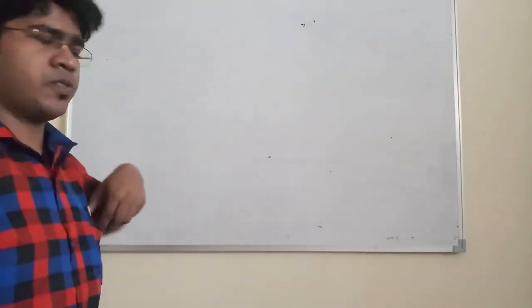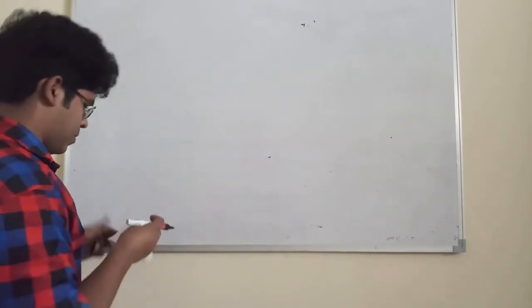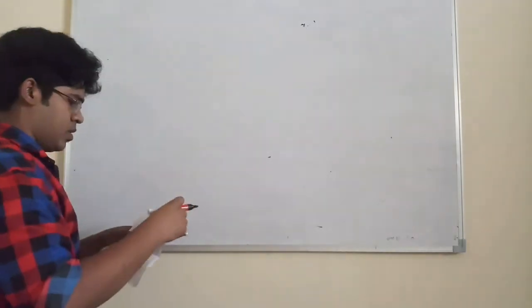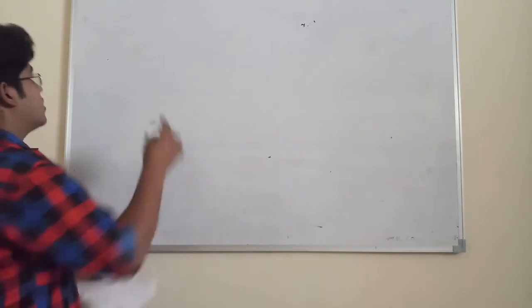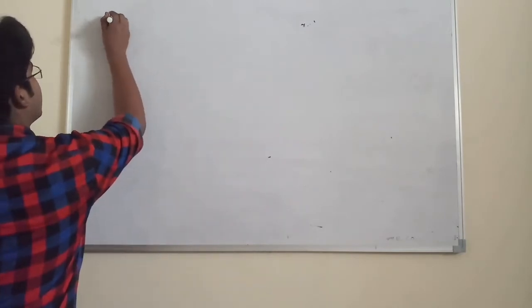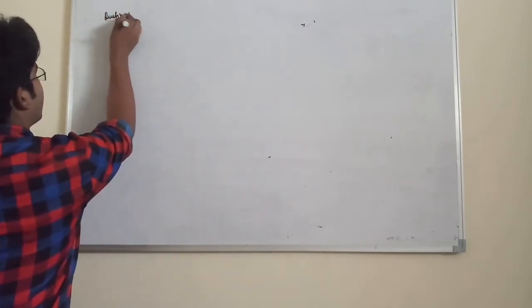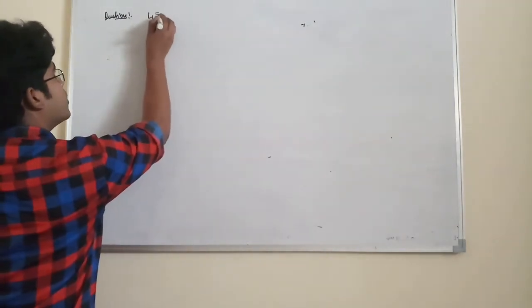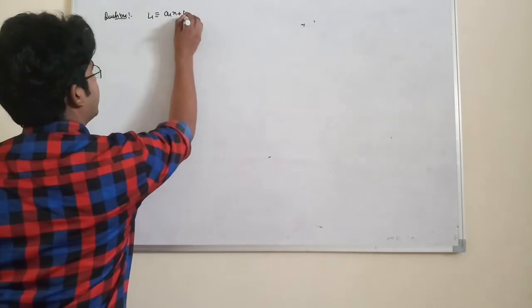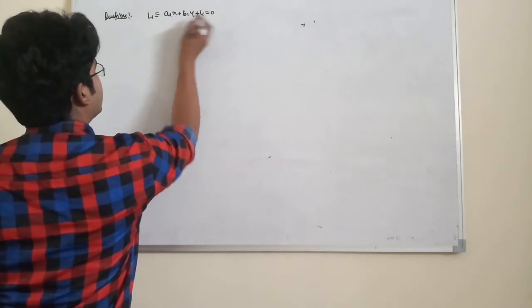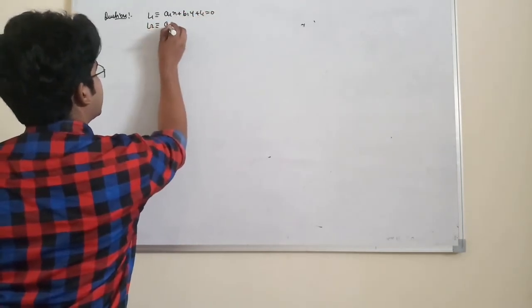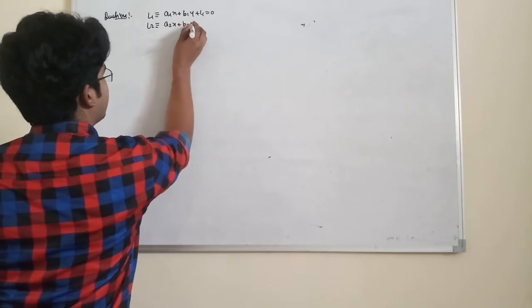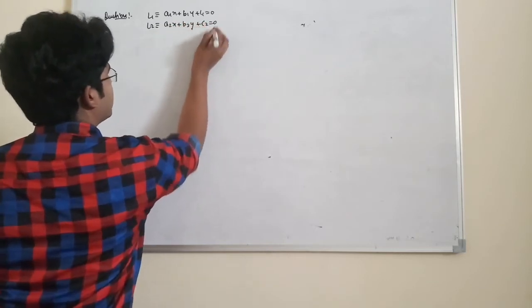And here's our first question. Suppose two lines are given to us: L1 is A1x plus B1y plus C1 equals 0, and L2 is A2x plus B2y plus C2 equals 0, right?